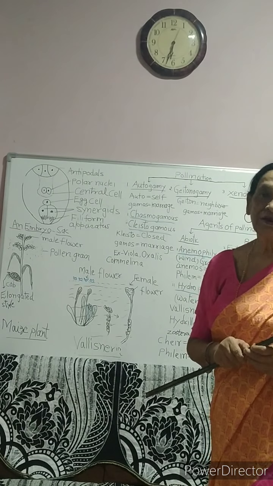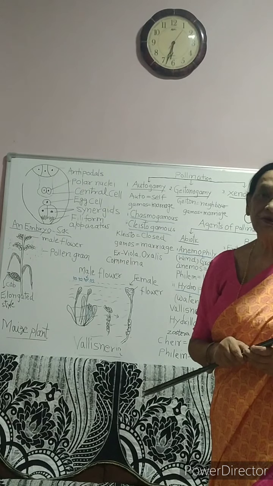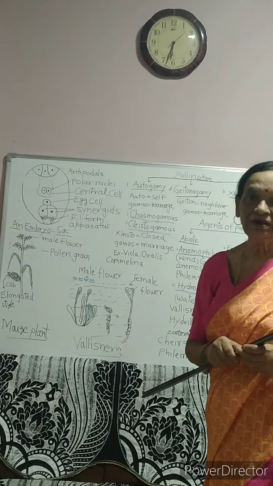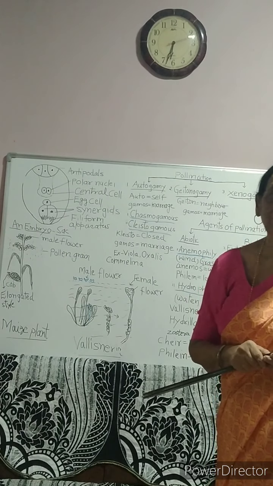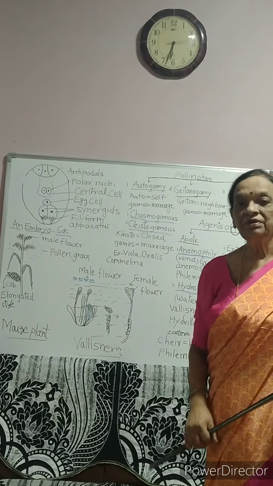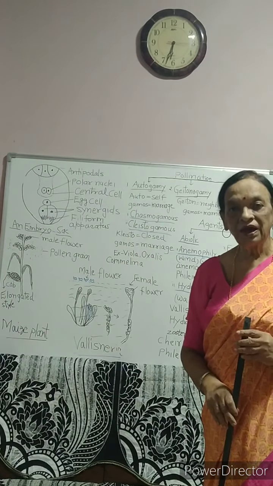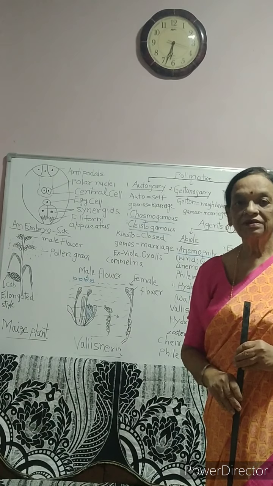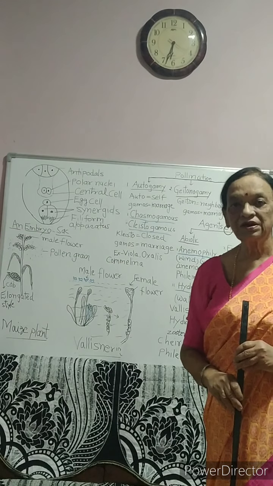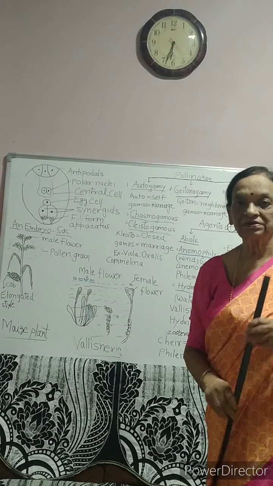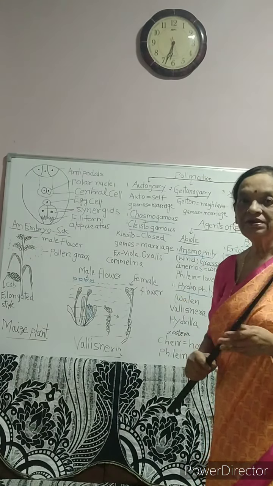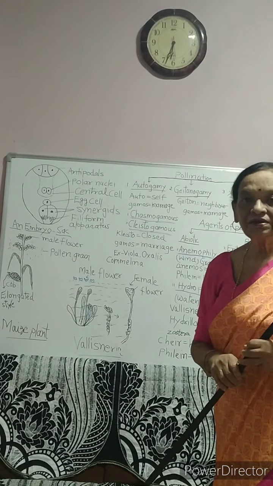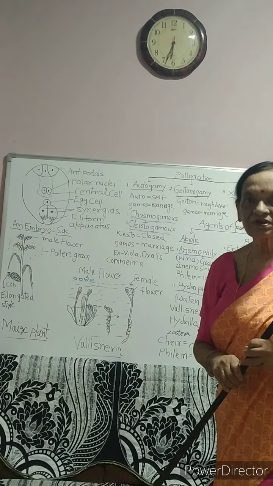Afterwards, the generative nucleus divides into 2 male gametes. So, in the beginning the male gametophyte is binucleate, and afterwards it becomes trinucleate. The female gametophyte is an 8-nucleate structure.